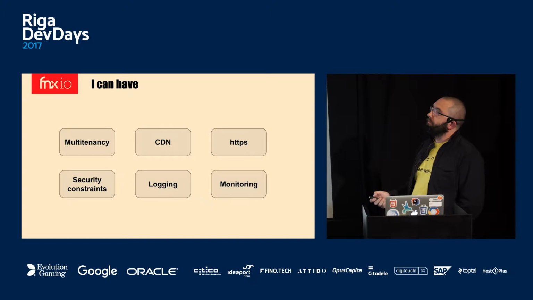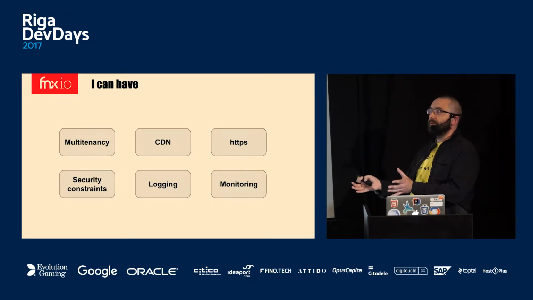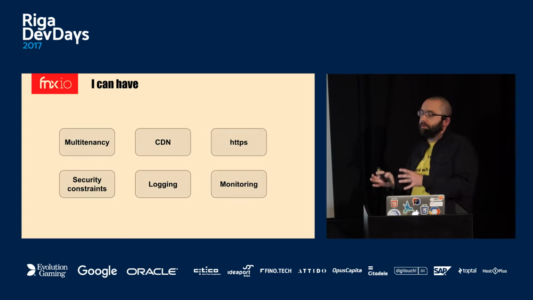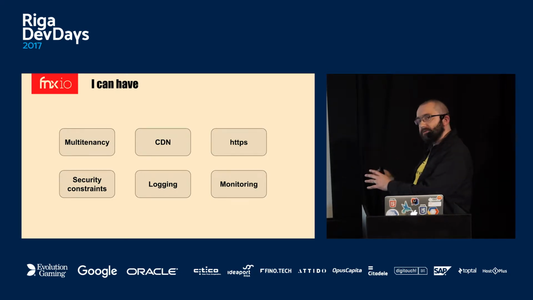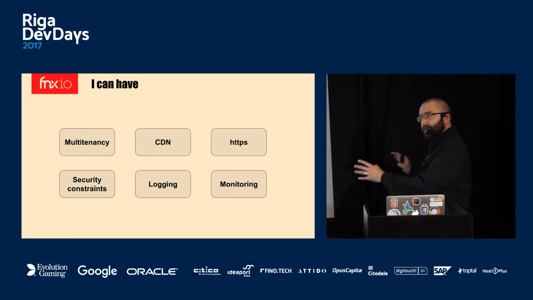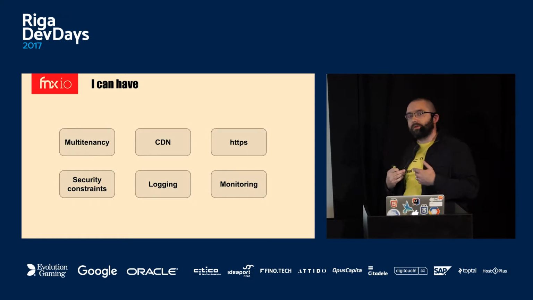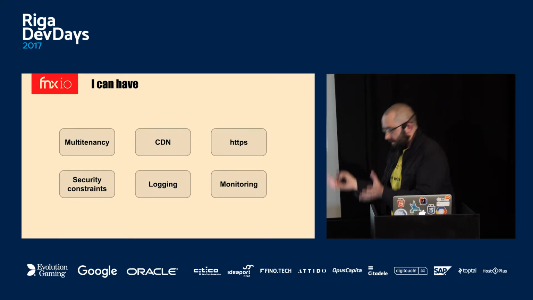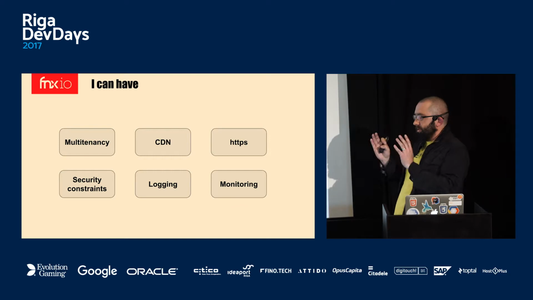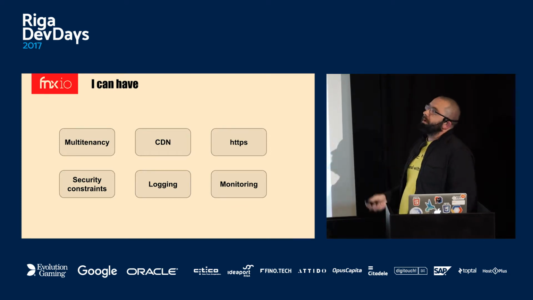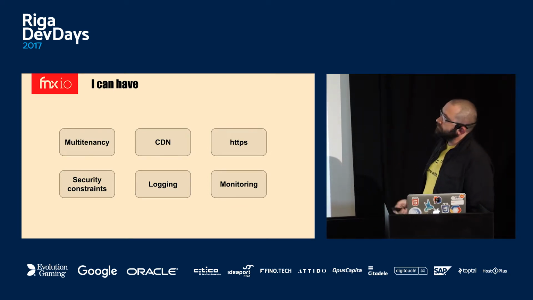I can have multi-tenancy. I can sandbox parts of my application so that the user with access to this part of data will never have access to data of another user. Even when I make some mistake, it's all sandboxed and I can see only what's mine, for example.